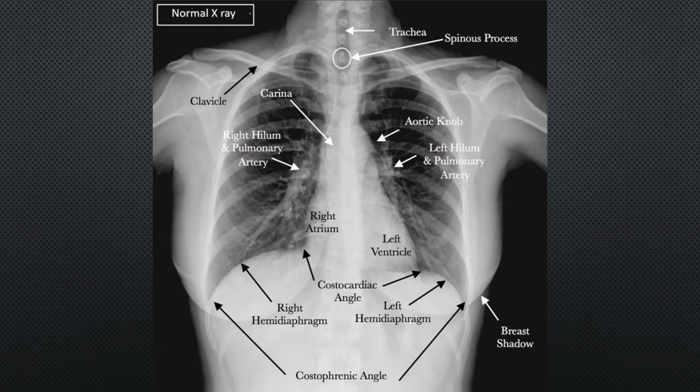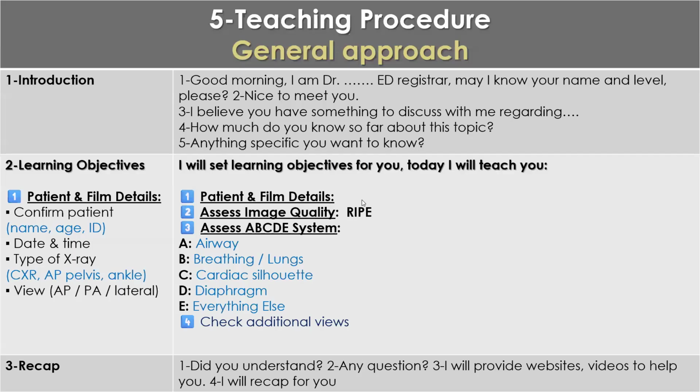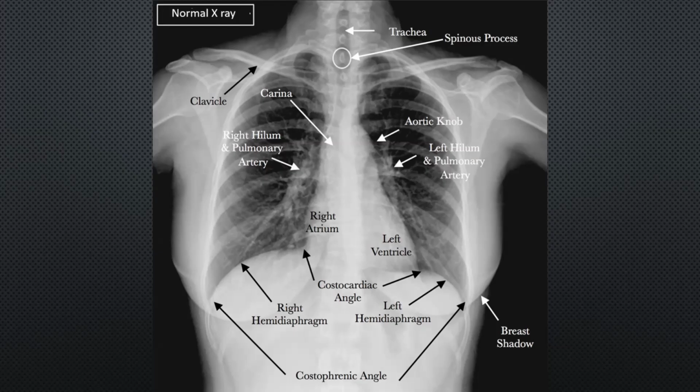Okay, and alignment. So you can see the central line. Here you will follow RIBE. So R, what does it mean? Rotation. You will check the distance between the clavicle and the spinous process, equal on both sides.